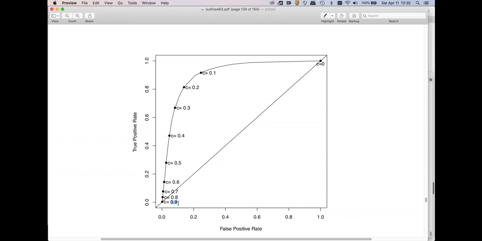What happens? Well, notice I make no mistakes. So there are no false positives when I have a very high threshold. Unfortunately, I also don't find any positive cases, so I never detect anybody who's going to cancel. Now, as I reduce this threshold, you're going to see that the true positive rate increases pretty quickly. So I can easily catch 70% of the cases here.